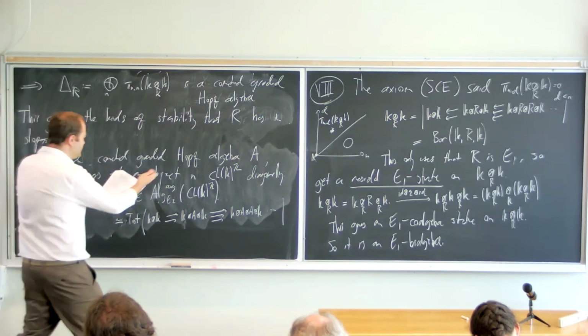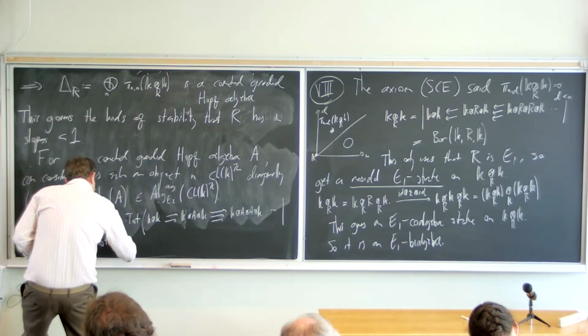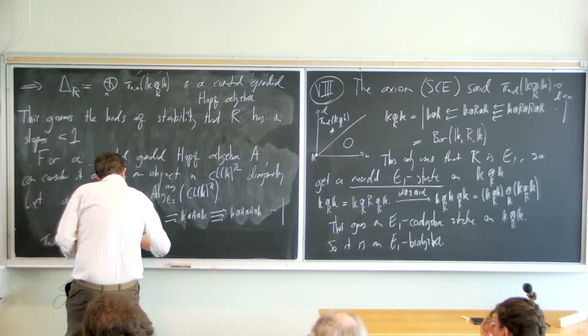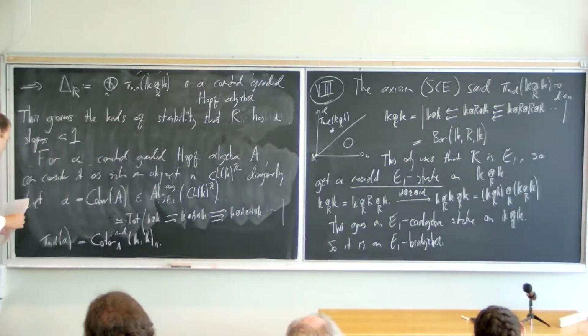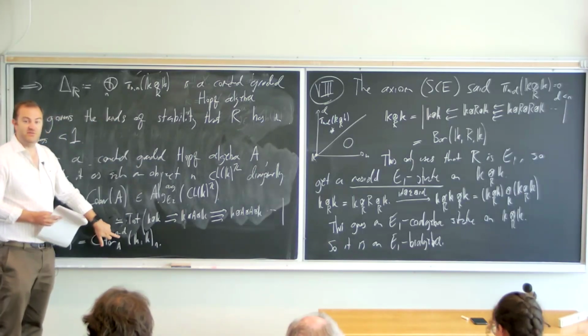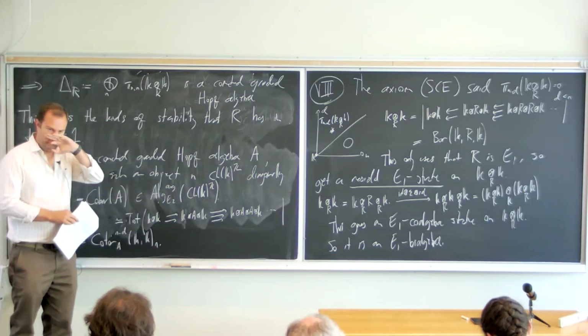And because I've put these things in this diagonal grading, the degrees need some thinking about. But what you get is the n minus d derived functor of cotensor product in internal grading n.